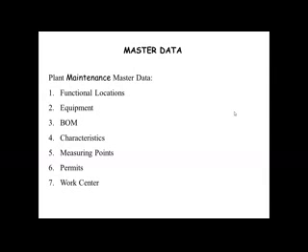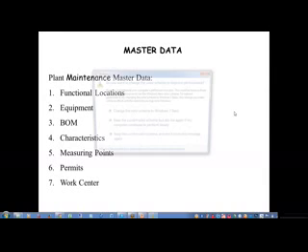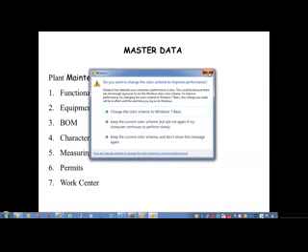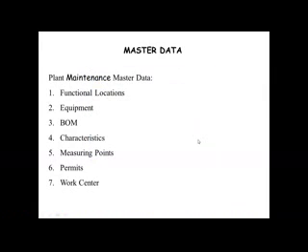So we have to take an approval from the safety department before doing the activity. That is called a permit. And work center is basically a group of machines or a group of people. In plant maintenance it is a group of people, the people who are actually working on the maintenance activity. That is called a work center.